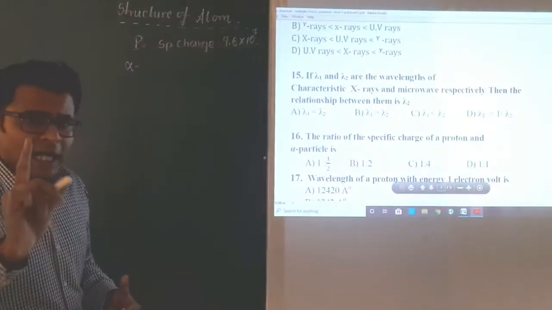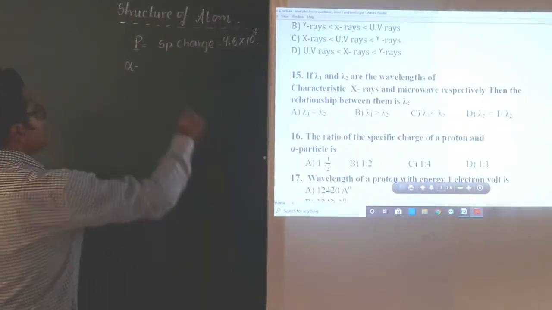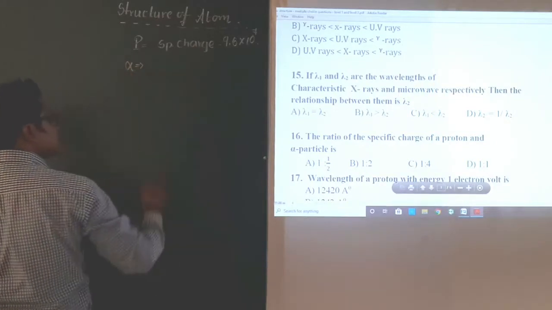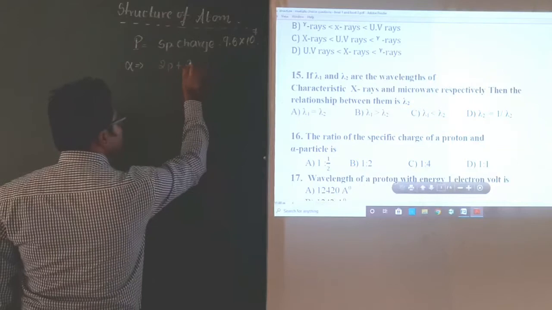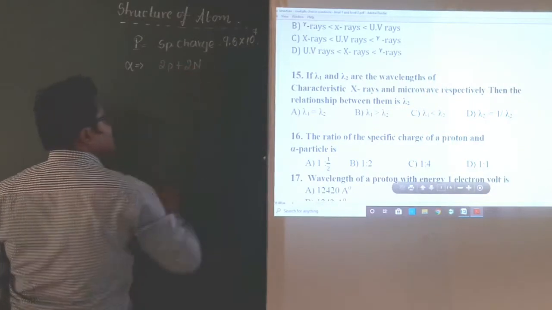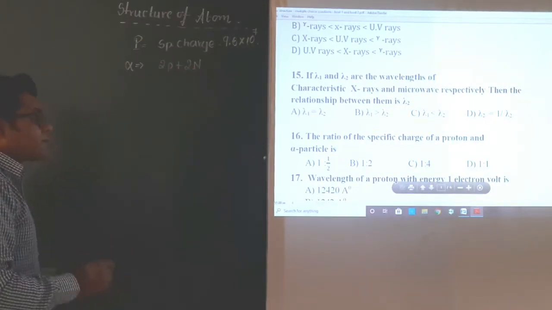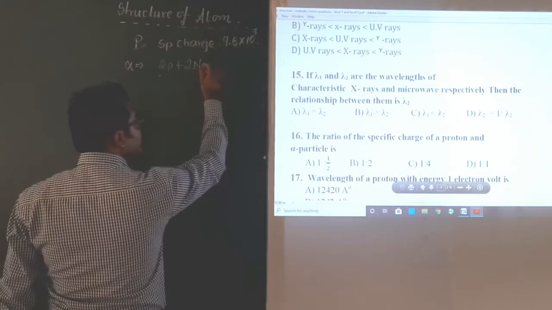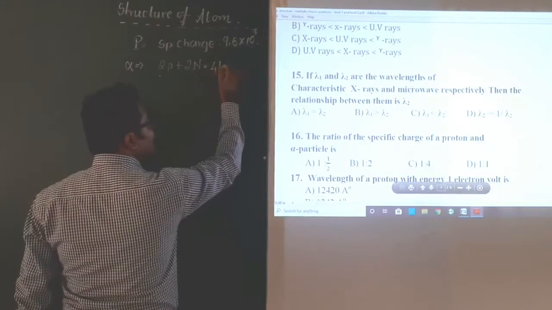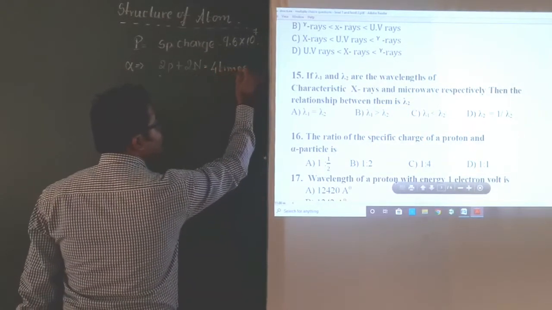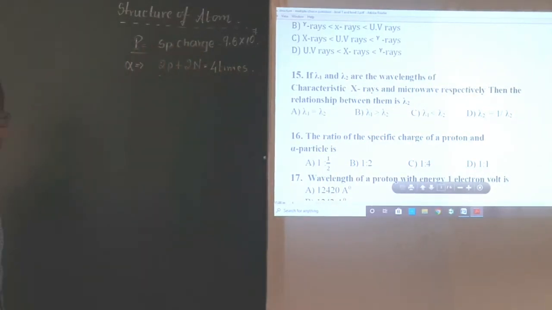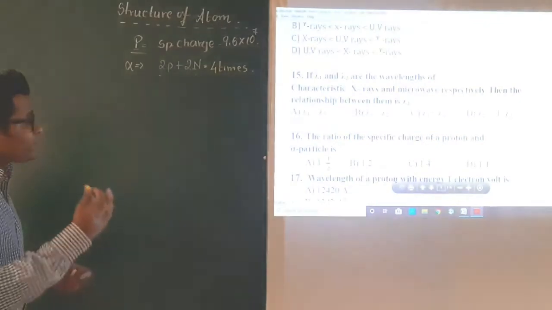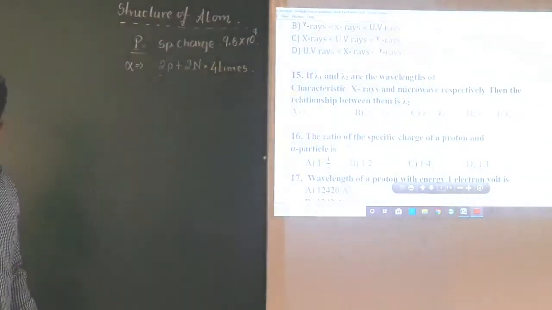Remember, it is a doubly ionized helium particle. That means it contains 2 protons plus 2 neutrons, so it is 4 times the mass compared to that of a proton.